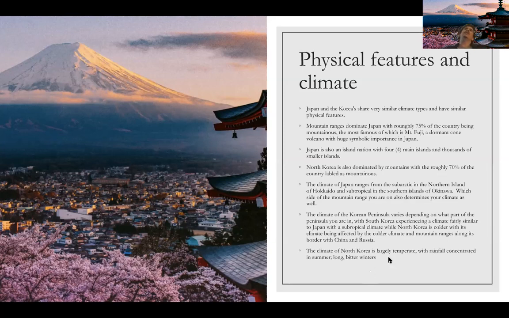It gets a lot of its winter weather from Siberia coming in to the Korean Peninsula. According to the CIA's World Factbook page, North Korea has a largely temperate climate, with rainfall concentrated in summer and then long, bitter winters. So North Korea is very seasonal. South Korea has some winters, but not nearly as harsh as North Korea.